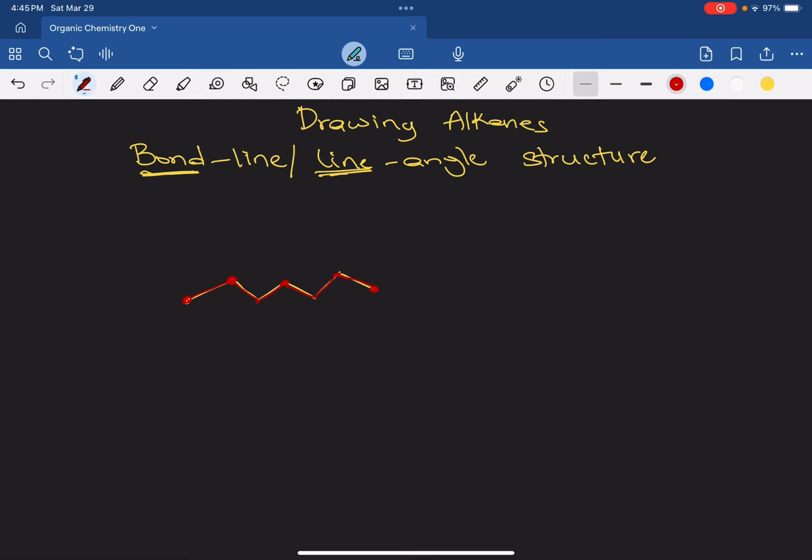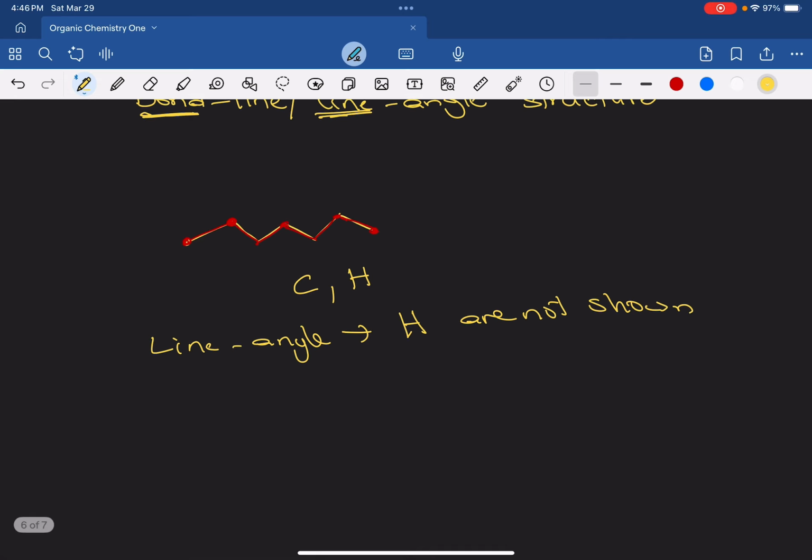Now remember, we're drawing alkanes, which only consist of carbons and hydrogens, which brings me to an important point. In a line angle or bond angle structure, whichever one you want to use, hydrogens are not shown. But here's the key: you can tell how many hydrogens are on each of these carbons.